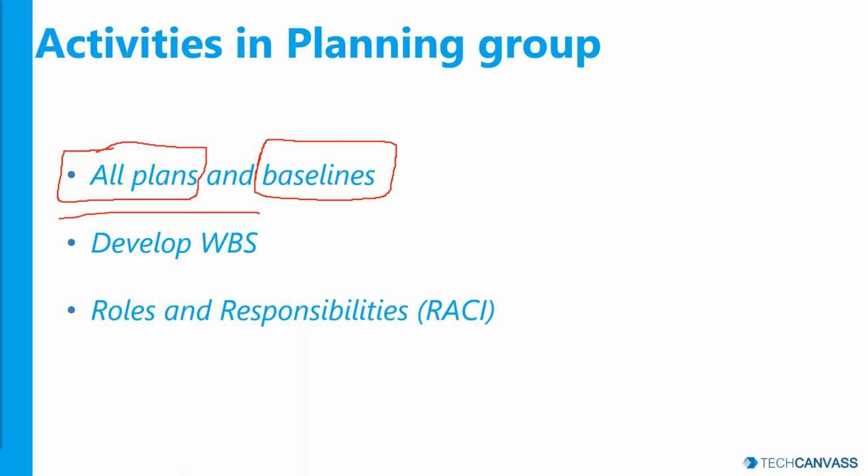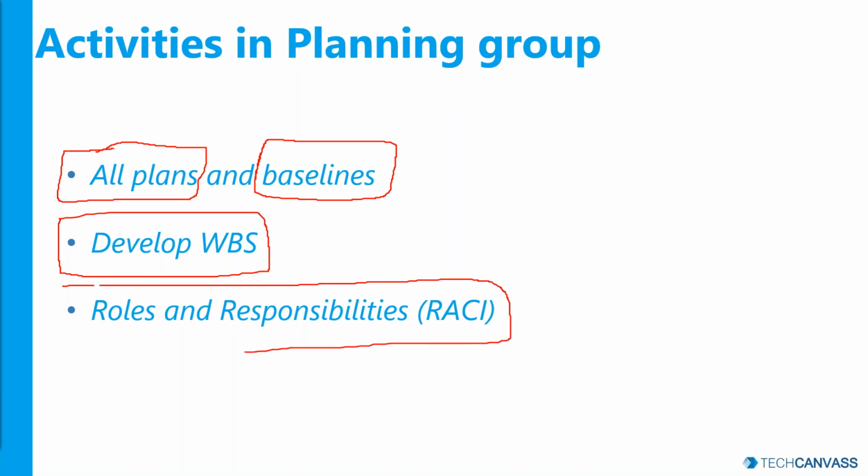There is an additional set of deliverables that we have. The work breakdown structure is also defined in planning, and the roles and responsibilities of various team members in your project are also defined beforehand in planning, right? This is very important when you want to make sure there are minimal conflicts in your team, is to define the roles and responsibilities beforehand.